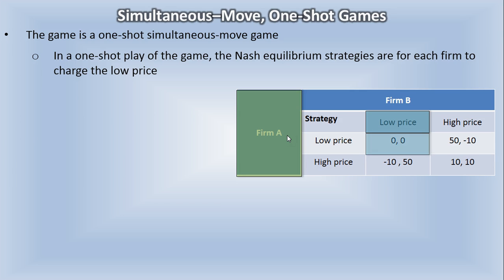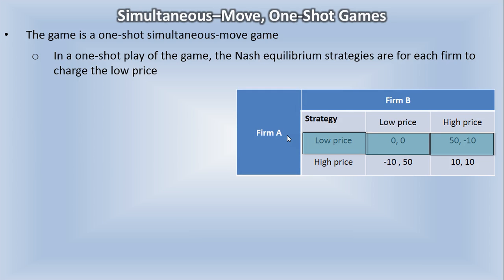Because 0 is better than negative 10. In response to firm B charging a high price, what would firm A do? Low price again. All right, so no matter what firm B does, firm A would choose low price. Therefore, firm A has what kind of strategy? A dominant strategy. Firm A has a dominant strategy to charge a low price.